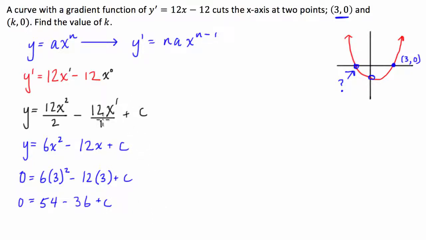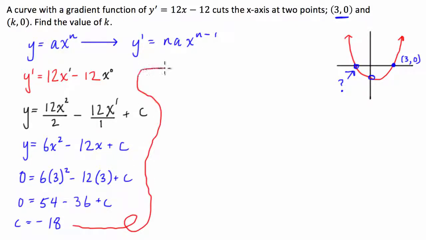So from here we're left with c equals negative 18. Great. So what we can do from there is now we have our function y equals 6x squared, take 12x, take 18.